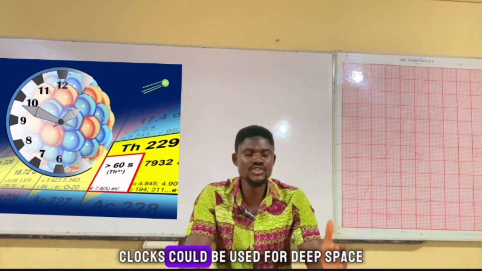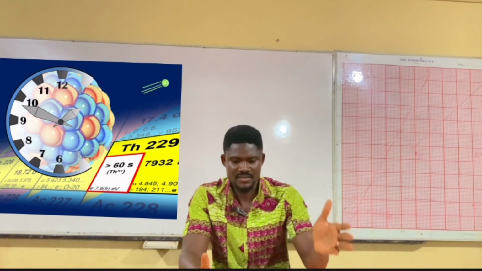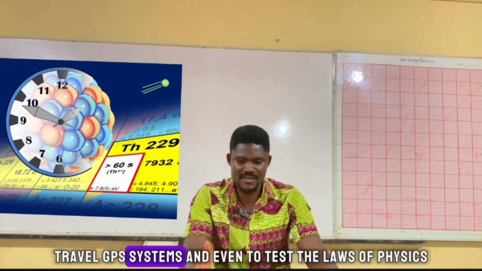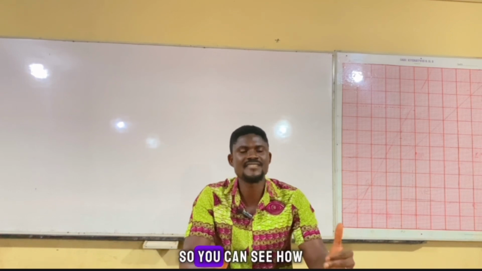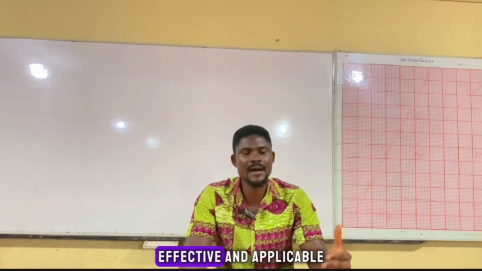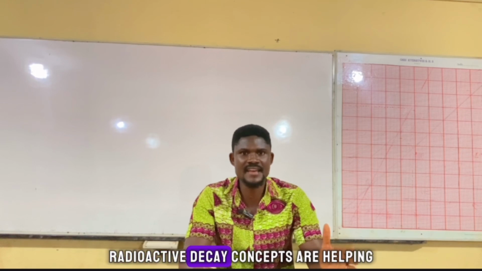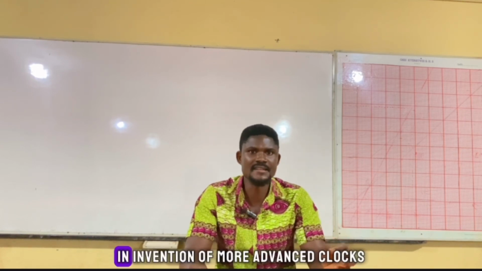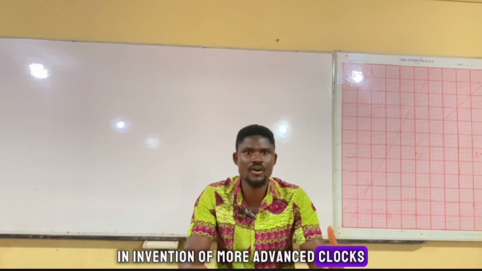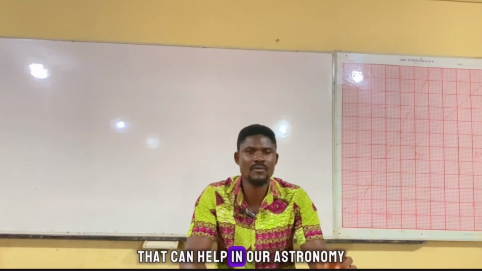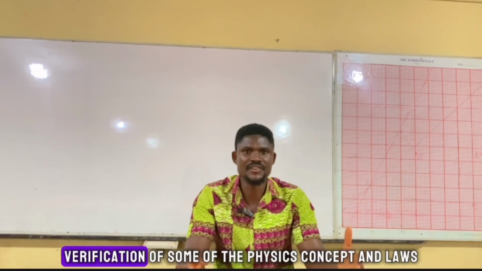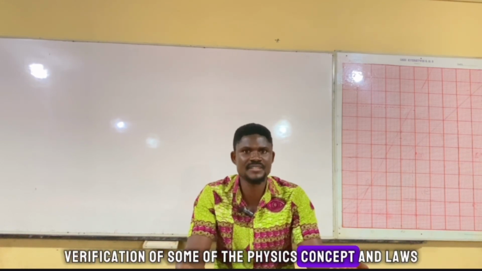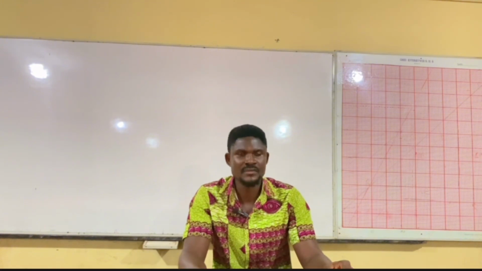These nuclear clocks could be used for deep space travel, GPS systems, and even to test the laws of physics more precisely than atomic clocks. So you can see how effective and applicable radioactive decay concepts are in the invention of more advanced clocks that can help in our astronomy and also in precise verification of some of the physics concepts and laws that we have.